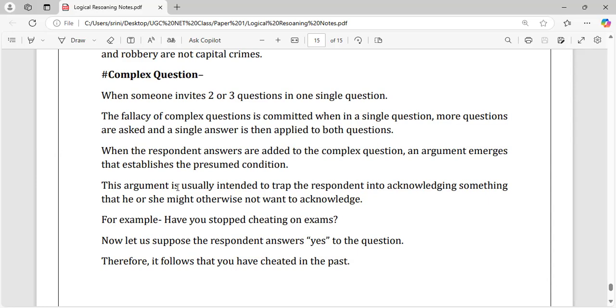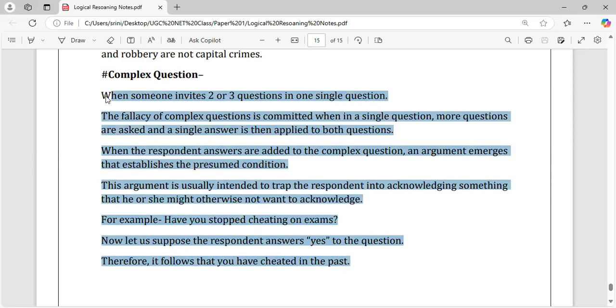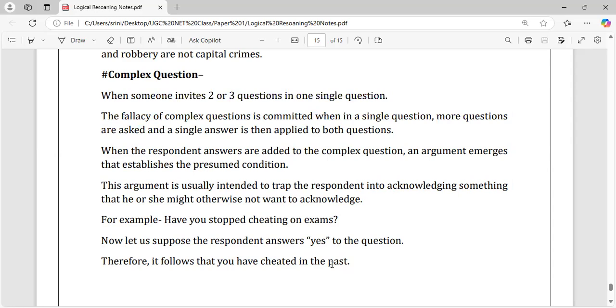So both answers lead the respondent into guilt. If it is yes, then he cheated in the past. If it is no, he is still cheating in the exam. Maybe he is not cheating. But the question, "Have you stopped cheating on exams?", claims that he cheated in previous scenarios.